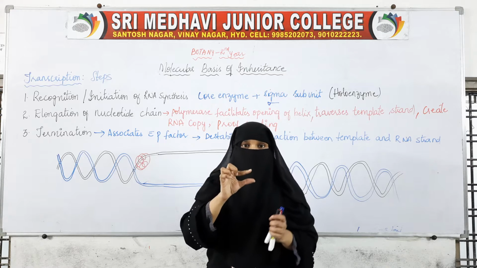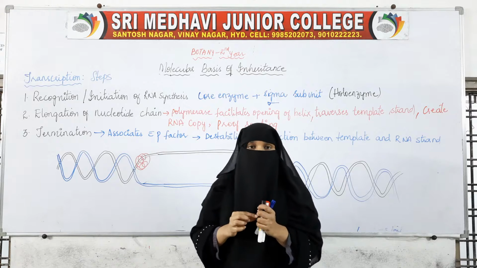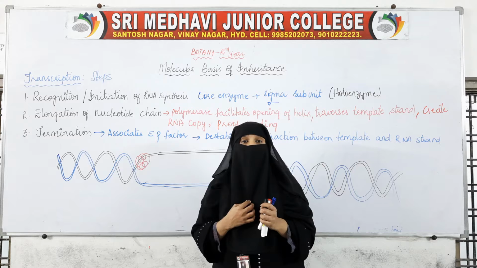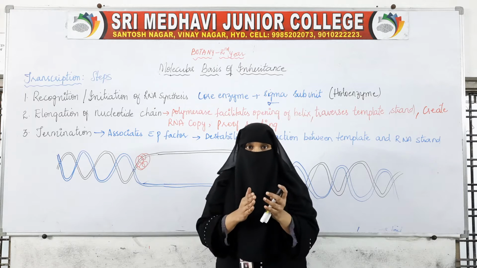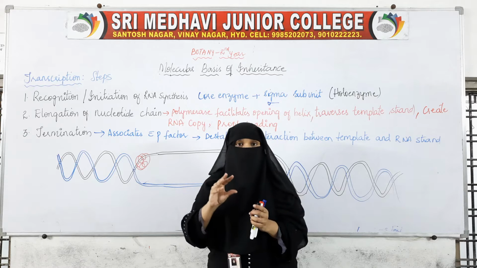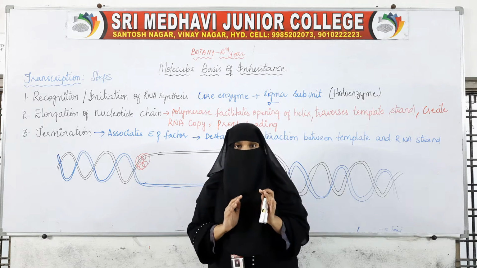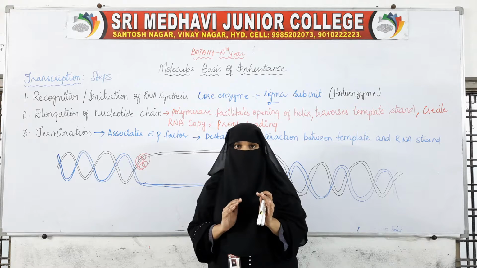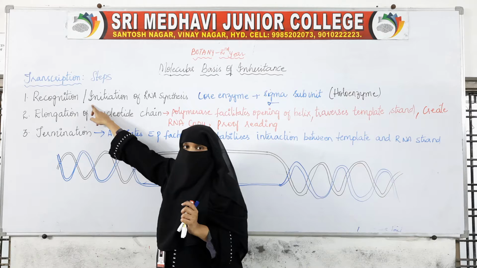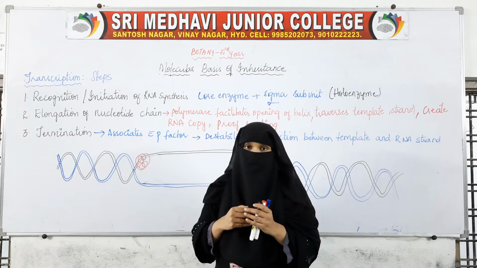Recognition, from where the transcription will start, the place or the region of the DNA from where the transcription will be starting, so that way we will get a promoter. Once we recognize it, promoter will be attached and RNA will start synthesizing.